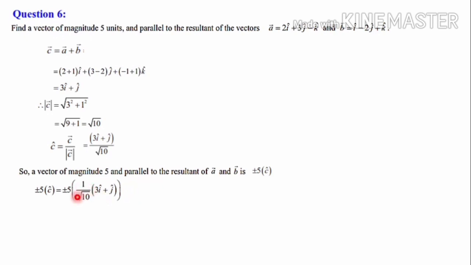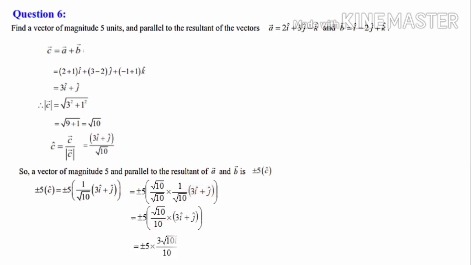Here root 10 is an irrational number, so let's rationalize by multiplying root 10 in the numerator and denominator. So plus or minus 5 into root 10 by root 10 into 1 by root 10 into 3 I cap plus j cap. That is equal to plus or minus 5 into root 10 into 1 is root 10, divided by root 10 into root 10 is 10. So this becomes rational into 3 I plus j cap.